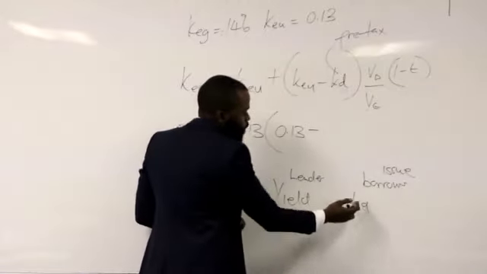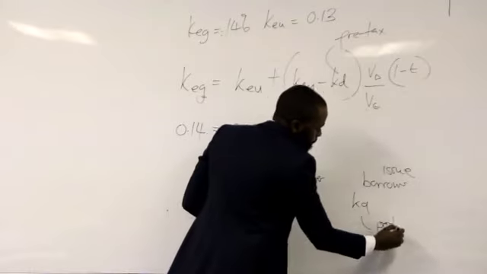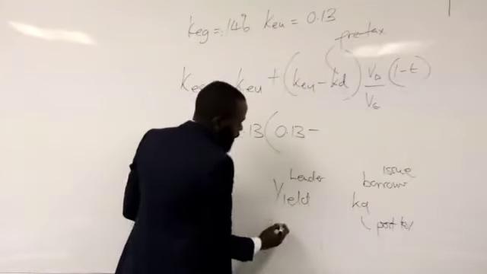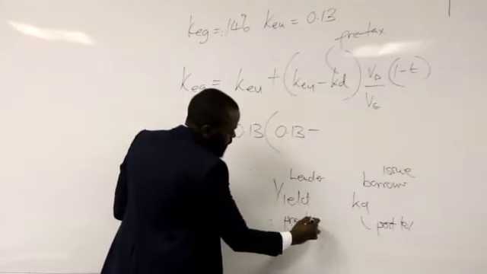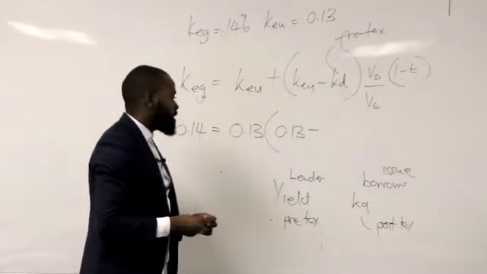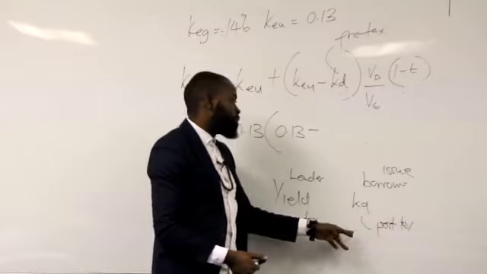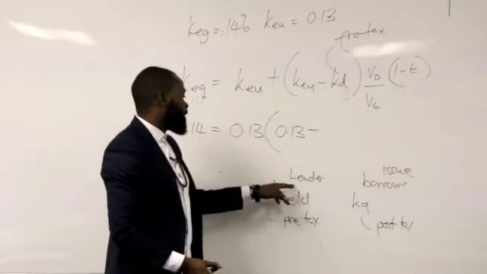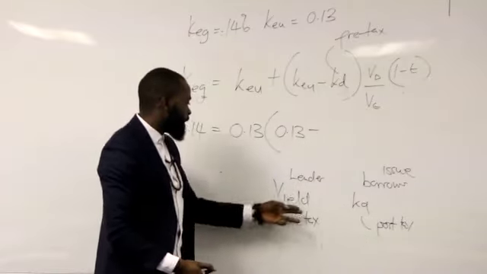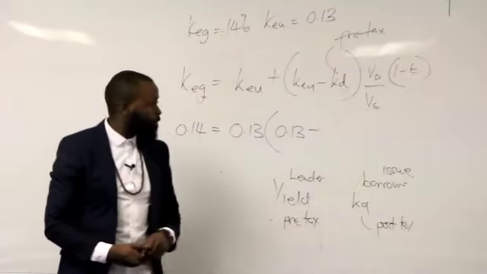So normally the cost of debt is post-tax and the yield is pre-tax. The reason is when you borrow, you're going to pay interest and it's going to be tax allowable, so your cost of debt is post-tax. But the lender, when they receive the interest, it's pre-tax. That's their yield. They're going to be taxed in full.